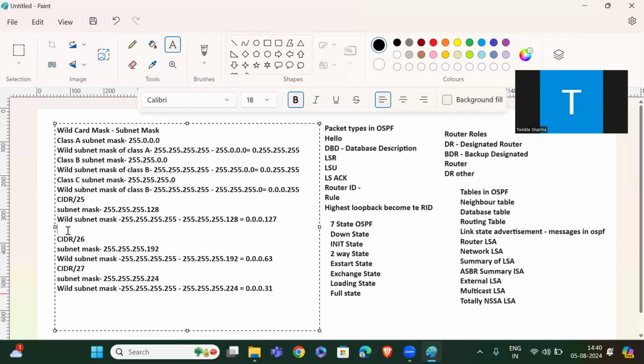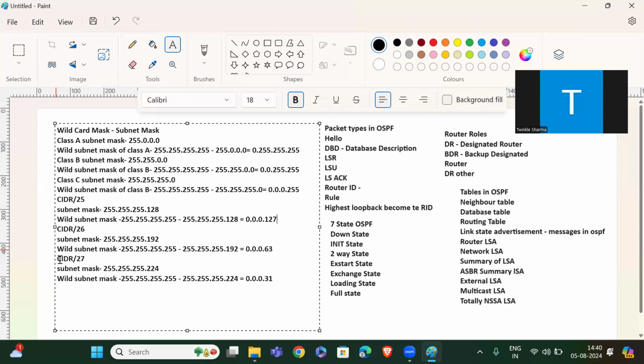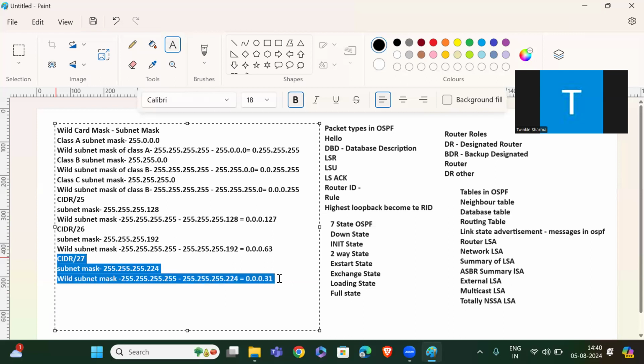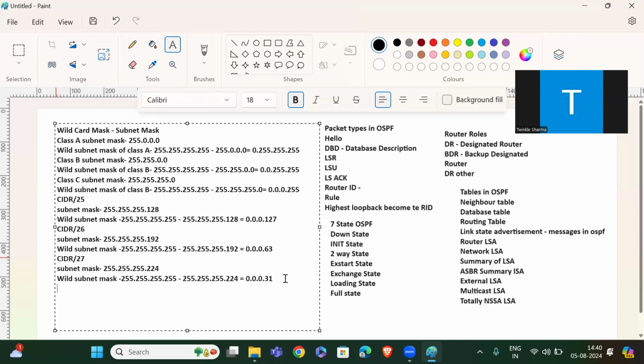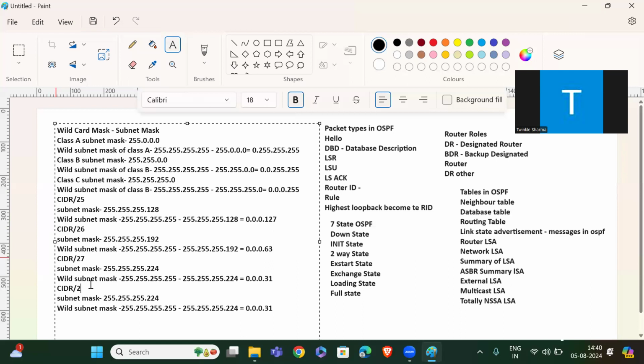Okay. So if the CIDR value is 28, how can we find out the value of the wildcard mask? For 28, the subnet mask is 240, and 255 minus 240 gives 0.0.0.15.